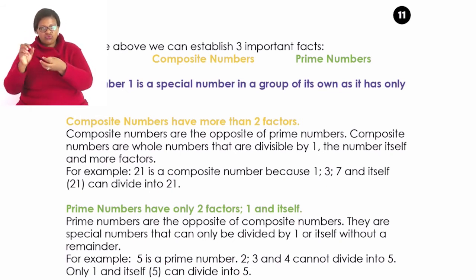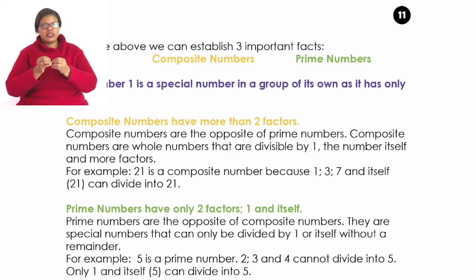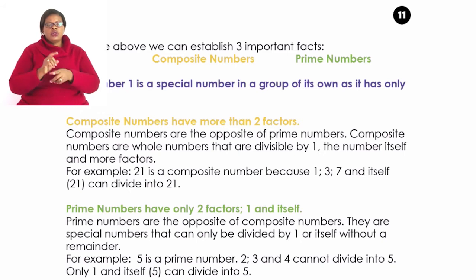For example, 21 is a composite number because 1, 3, 7, and itself can divide into 21. So in layman's terms, in simple English, a composite number must have 3 or more factors. Now let's quickly go back to the previous page, page 10.